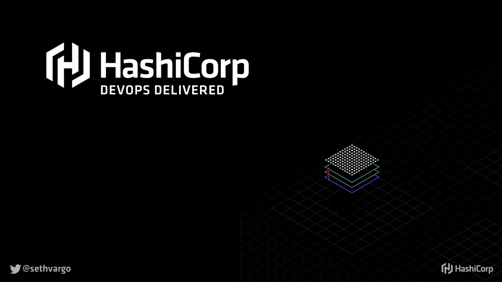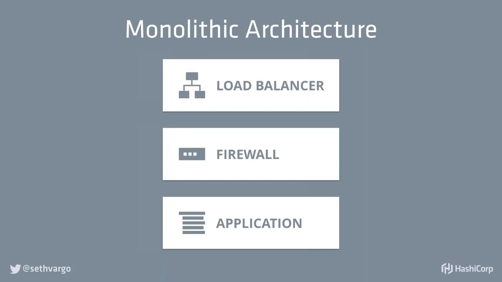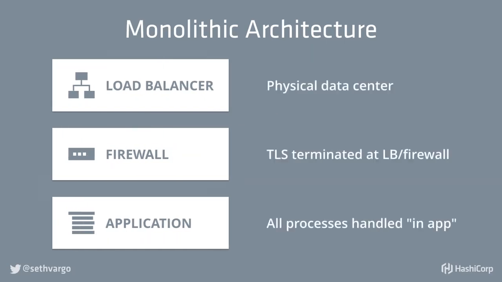those. So let's take a journey into the past, maybe 10 or 15 years ago, and talk about a traditional monolithic architecture. Your traditional monolithic application had a customer-facing load balancer, something like an F5, in a physical data center. You had a firewall that did TLS termination, and then you had a big monolithic application, and all process handled inside of the application.